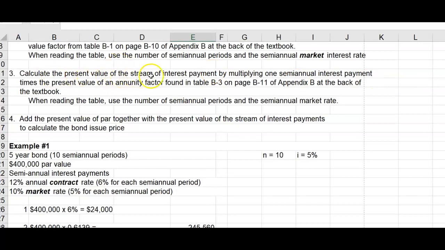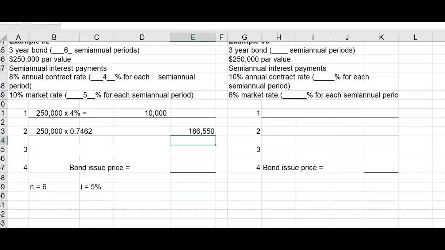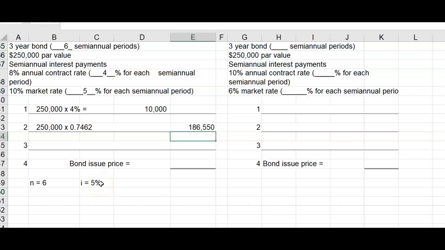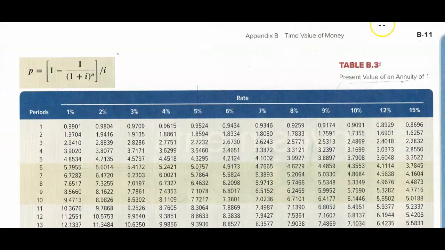Step 3. Calculate the present value of the stream of interest payments by multiplying 1 semi-annual interest payment times the present value of an annuity factor found on table B3, where N equals 6 and I equals 5%. Table B3, present value of an annuity table, where N equals 6 and I equals 5%, we get a factor of 5.0757.